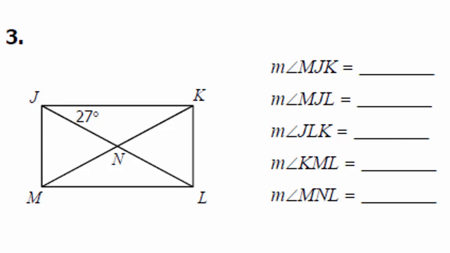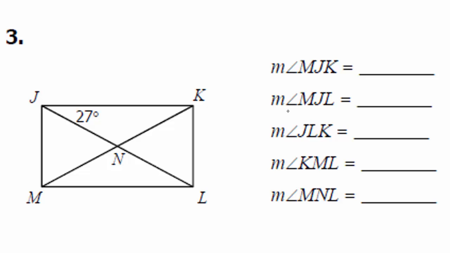Okay, let's move on to number 3. This one deals exclusively with angles. There's a lot of angles in this rectangle, but we've only got one given. But honestly, because of all the rules that come with parallelograms and rectangles in particular, one is all you need.